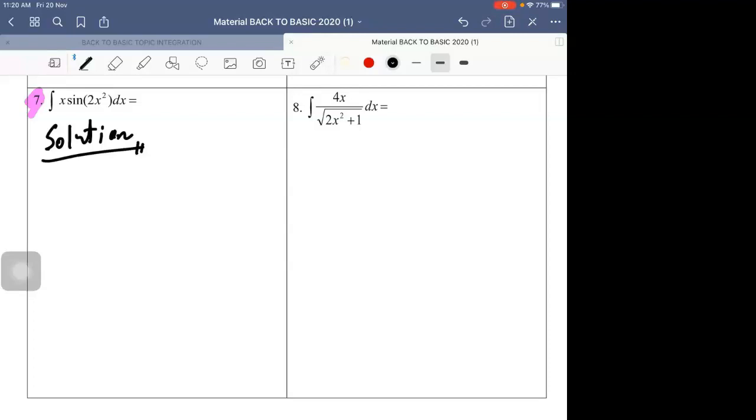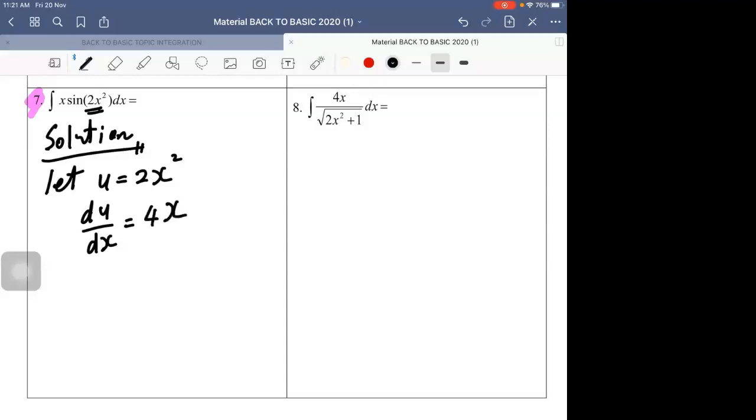Okay, selection tu dah betul, tetapi I don't know pula. Alright, so correct lah. As I told you, when you let u equal to 2x square, and then you differentiate your u, du dx, you get 4x.